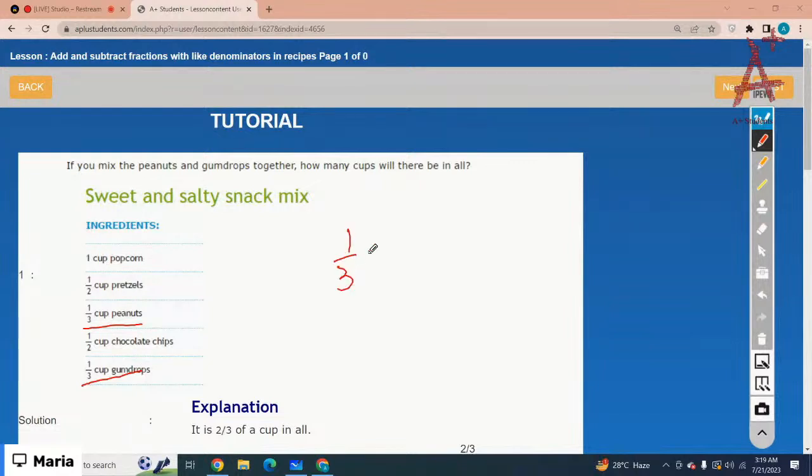So you have to add two fractions, 1 by 3 and 1 by 3. They have the same denominators, so you simply have to add their numerators. 1 plus 1 is 2, so it is 2 over 3. That means together it is 2 over 3 of a cup.